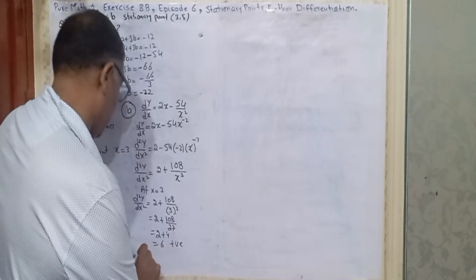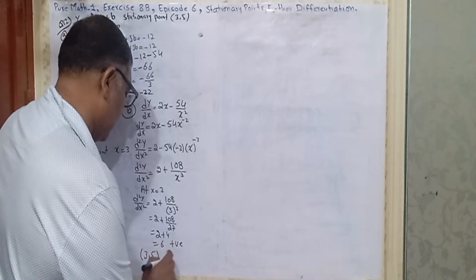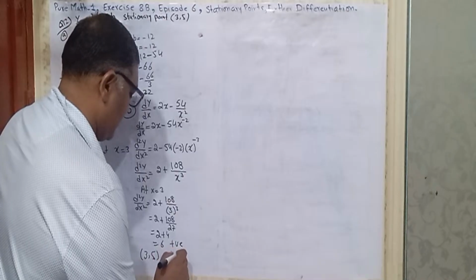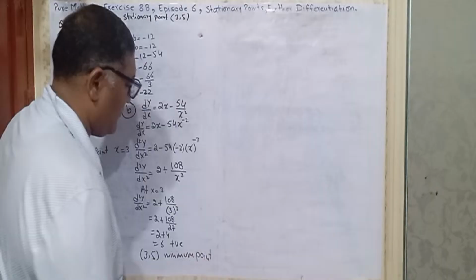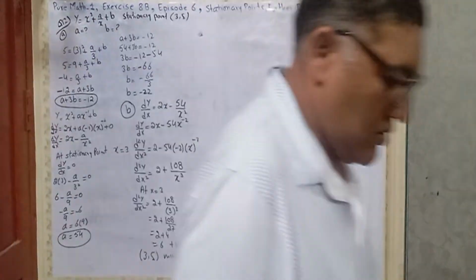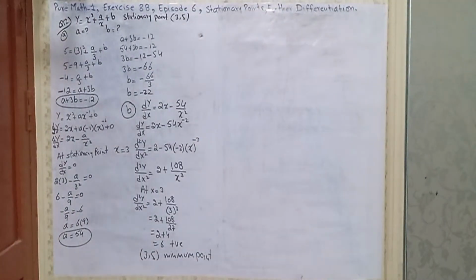So the point (3, 5), because the second derivative is positive, is a minimum point. So this is the b part of this question.